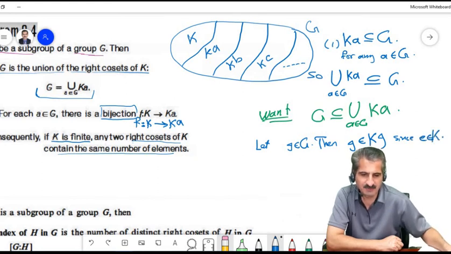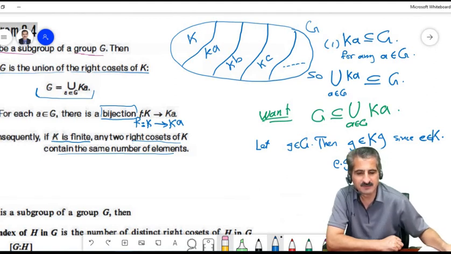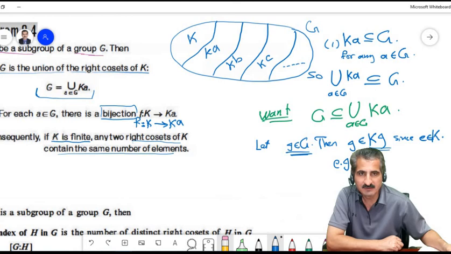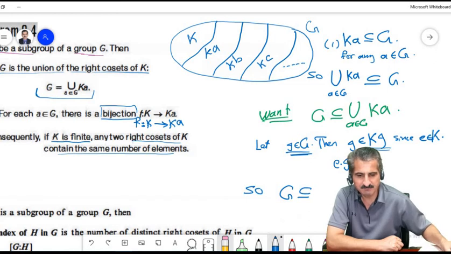So actually e times g belongs to K times g, because the identity is in there. So we chose an arbitrary element of G and we showed it belongs to its coset. So simply G will be contained in the union.